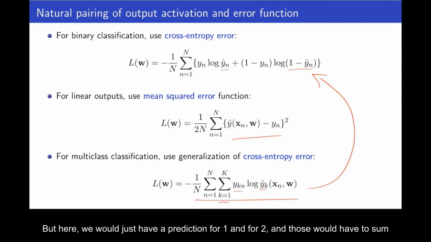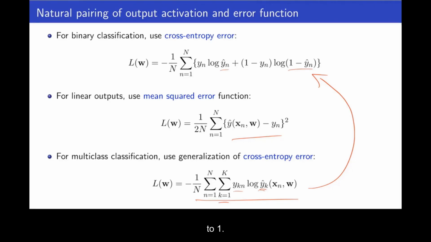But here we would just have a prediction for 1 and for 2, and those would have to sum to 1. But that's really the only difference in these notations.